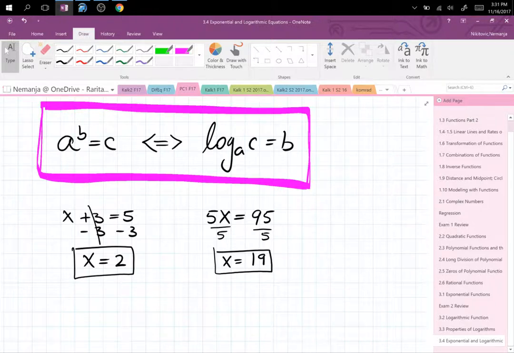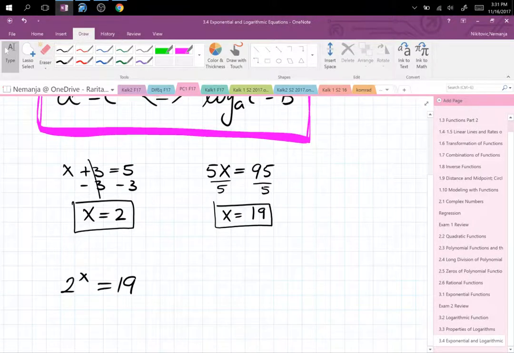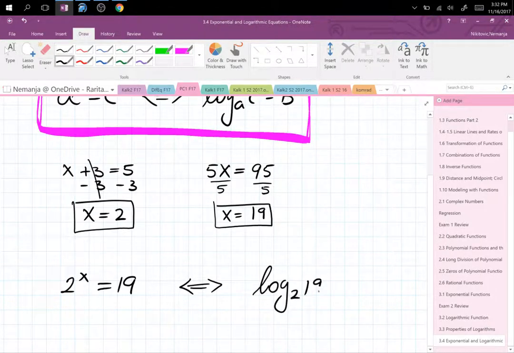Now, if you have, say, 2 to the x is equal to 19, you will have to use the opposite operation. The opposite operation is the log, and you are using conversion in this case. You convert the exponential equation into logarithmic form, and you see immediately that log base 2 of 19 is equal to x.